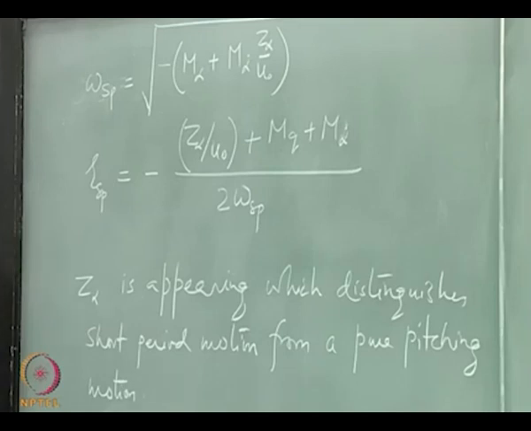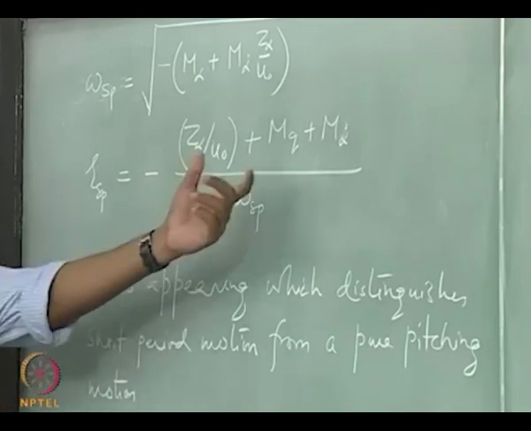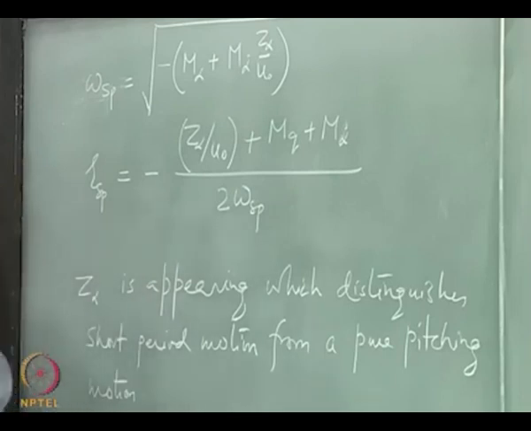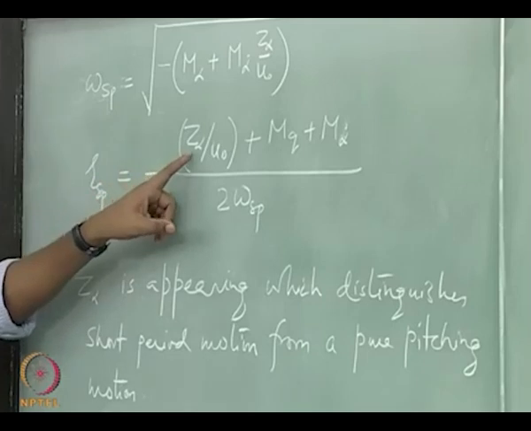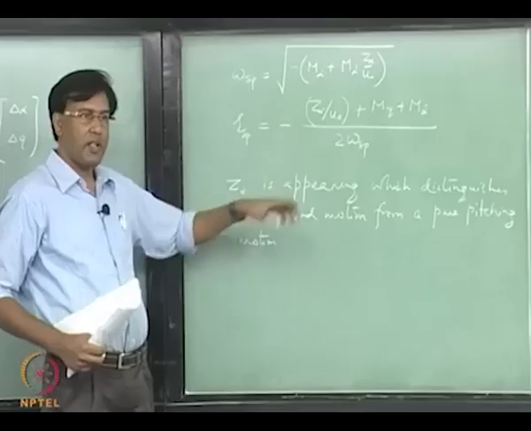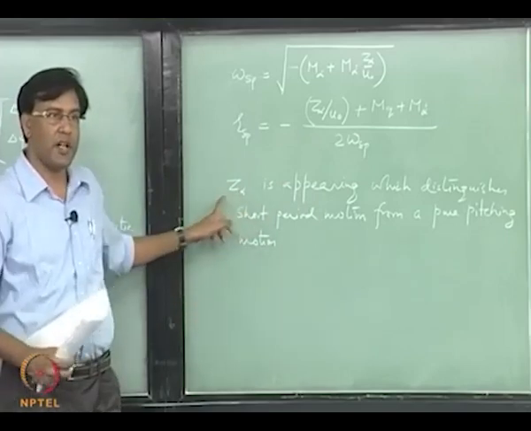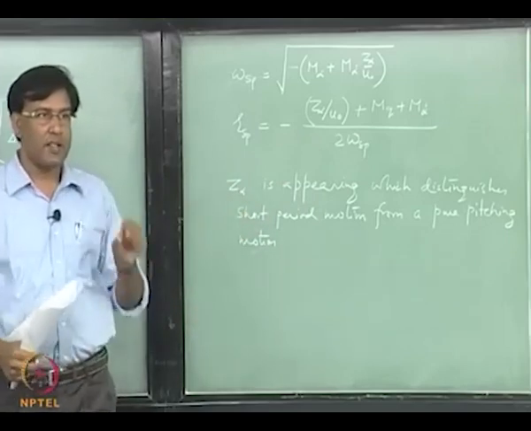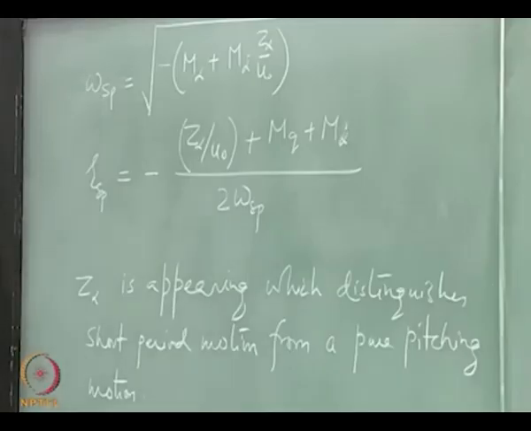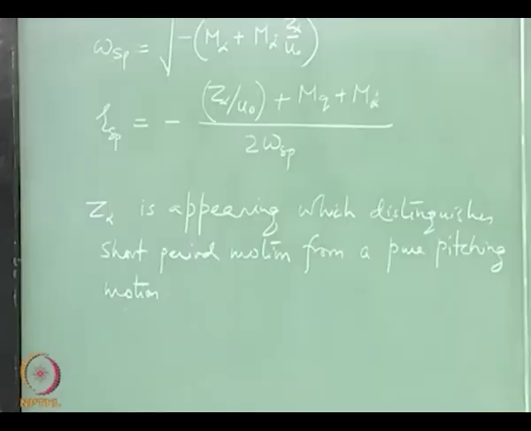So, even after this short period mode is damped out in pitching motion, because of this particular term, this term is like vertical motion with respect to change in angle of attack, that remains as a residual, and there are people arguing that this will probably result in an ensuing phugoid motion, right.